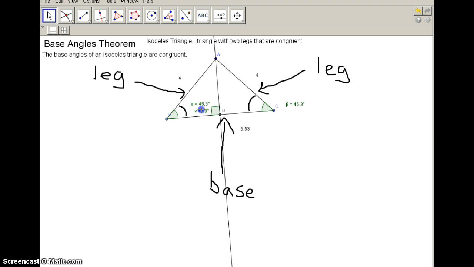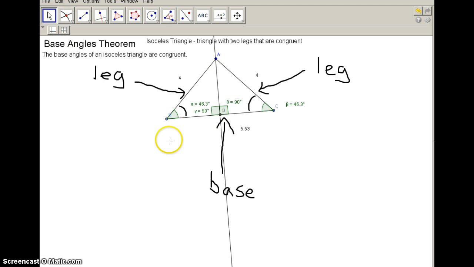Okay. Well, what does that mean about the other angle, CDA? Well, that's got to also be 90 degrees. And that's because, by definition, if we said let's draw a perpendicular, we're going to construct it so that it is a 90-degree angle.